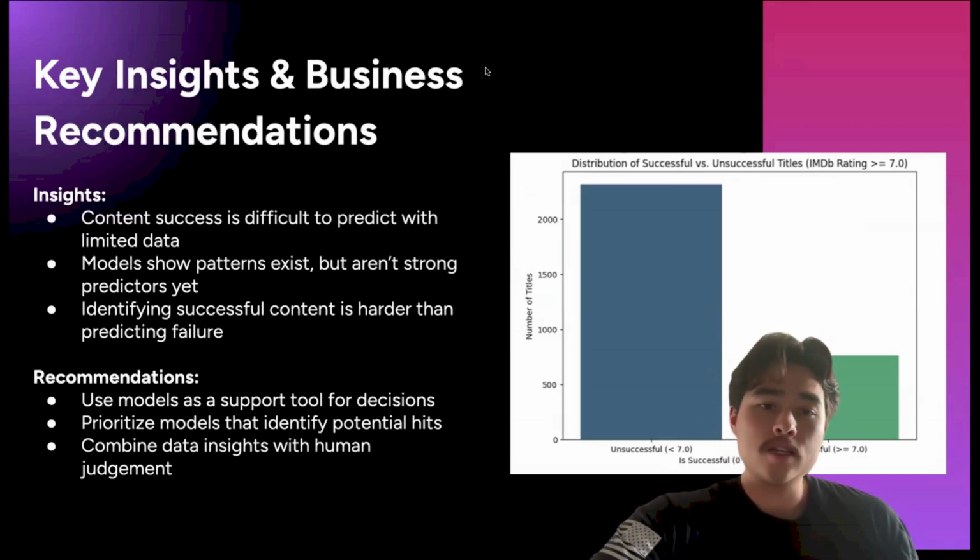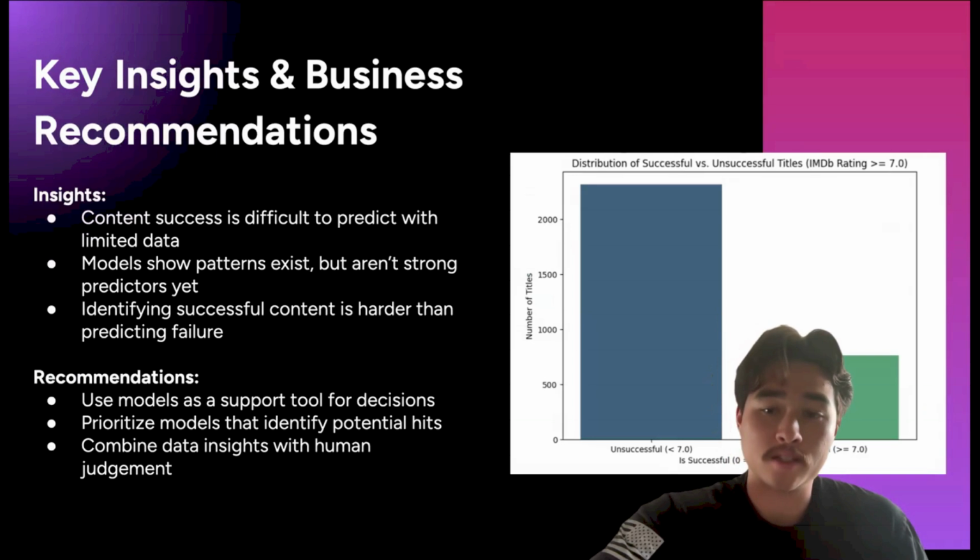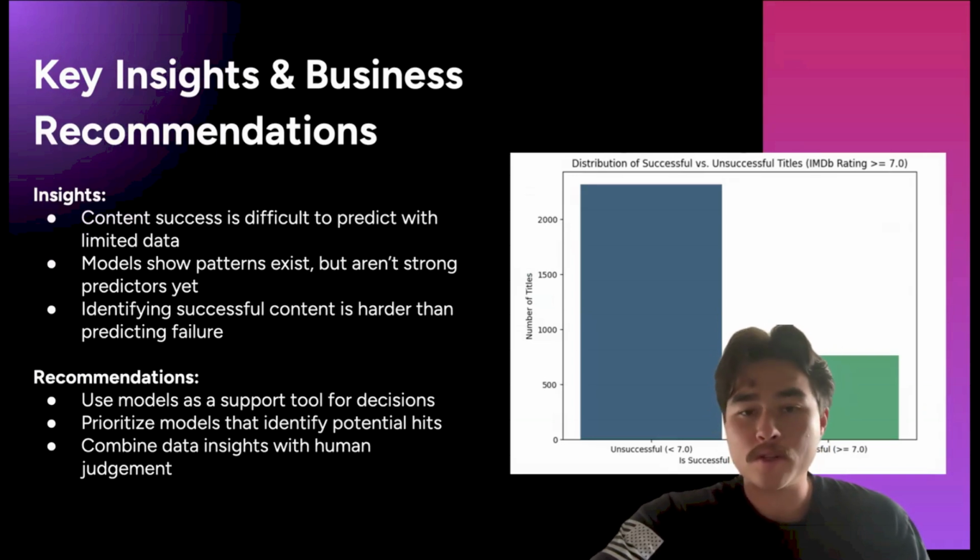Now, looking at key insights and business recommendations from these models, one of the biggest takeaways from this project is that content success is difficult to predict, especially using limited data. The models suggest that some patterns do exist, but those patterns are not strong enough yet to make highly confident predictions. We also found that predicting successful content is a lot harder than predicting failure.